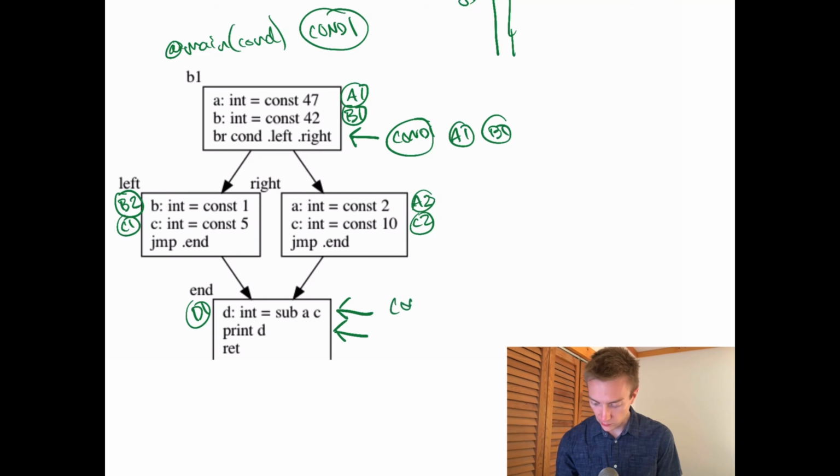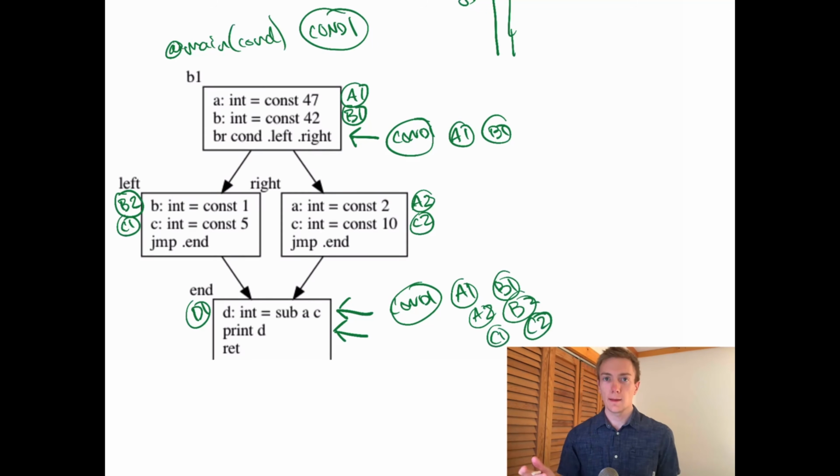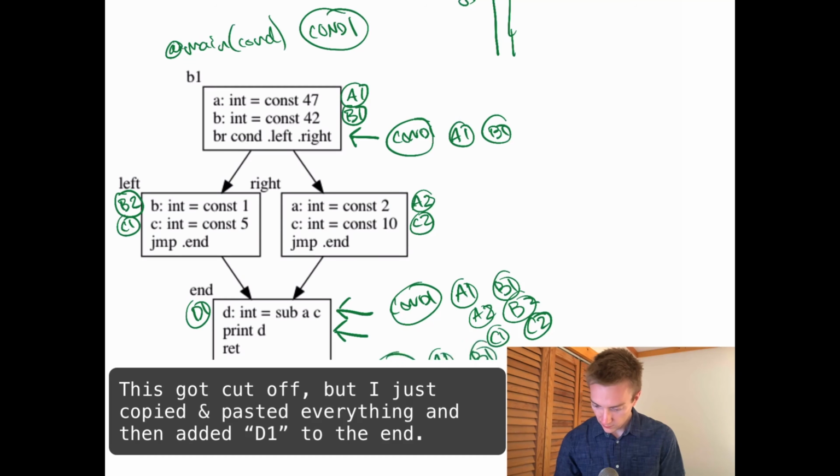That is, cond1 reaches there, so does A1 and B1 and A2 and B2 and C1 and C2. All those definitions reach this point. And for the final point, the set of definitions that reach there are exactly the same, with the addition of D1.